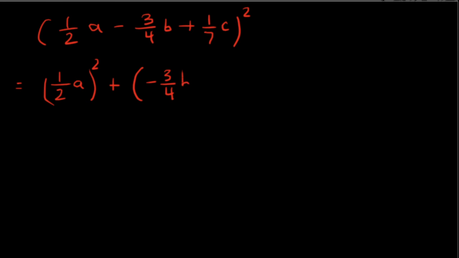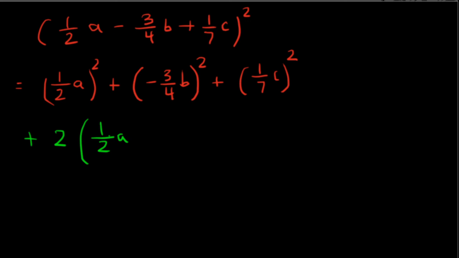It's negative 3/4 b. And the last one is 1/7 c. So step 1 is complete. Step 2, let's make groups of 2. So remember, every group of 2 we need to multiply by 2. So let's get all the A's and the B's. And then the A's and the C's.